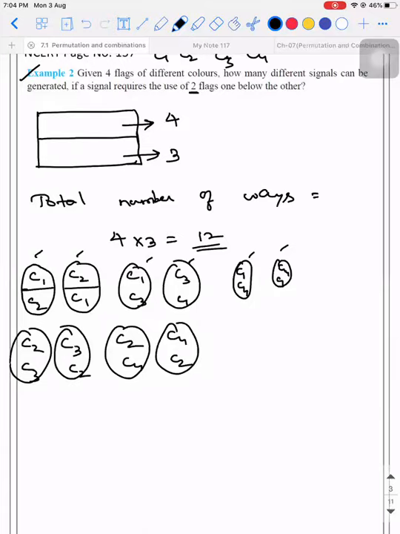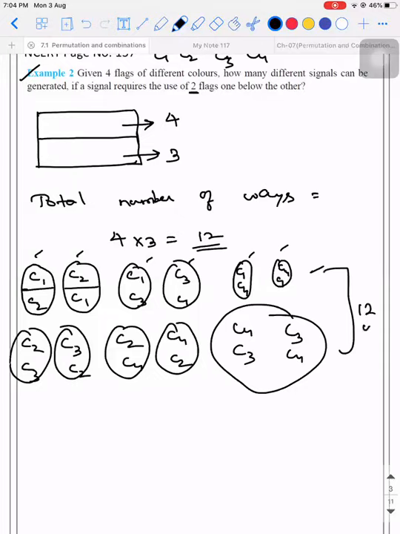C1, C4. I wrote it here. No? C4, C3. C4, C3, where did I write? You wrote C3, C4.